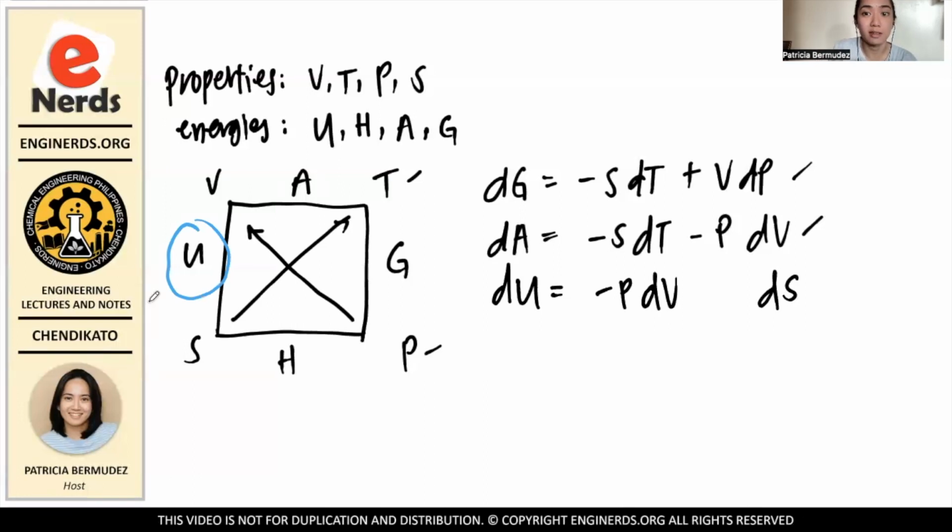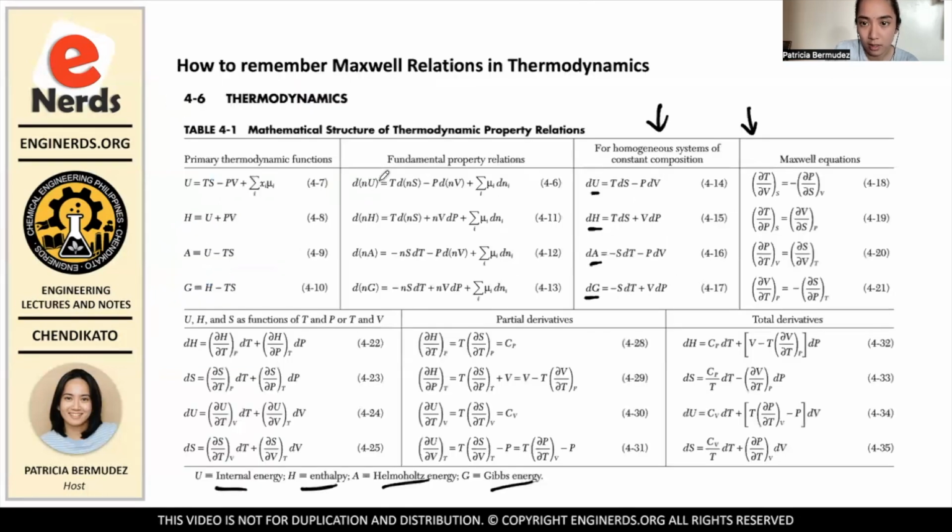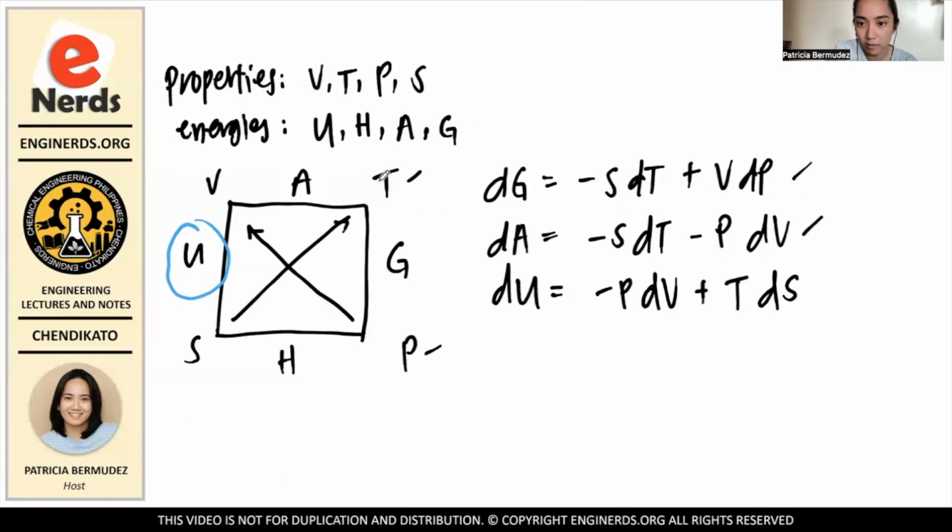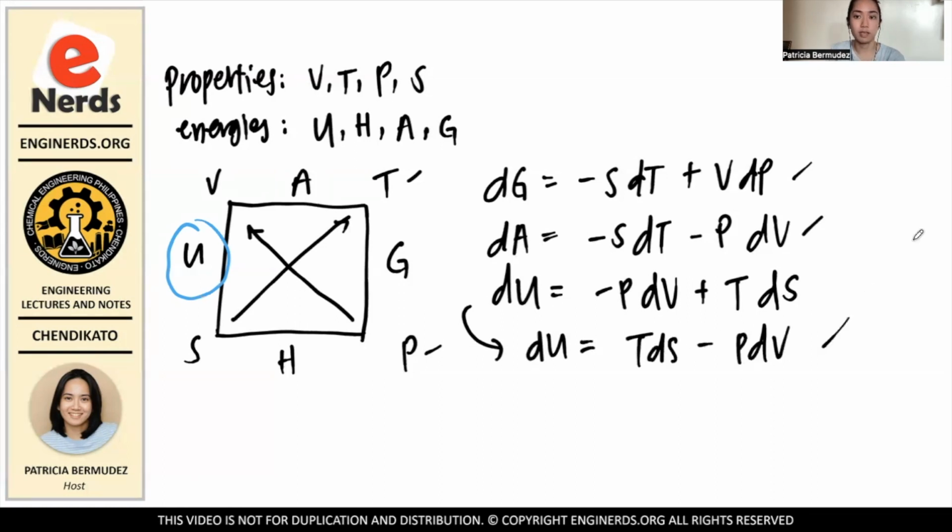And that is positive. Okay? You're not going backwards. You're going forward. You're following the direction of the arrow. Therefore, it is positive. Positive T. Because this is where it is connected. Okay? And is it correct? dU is TdS minus PdV. Yes, it's the same. You just have to rewrite it like this. It equals TdS minus PdV. Therefore, it's correct. Okay?